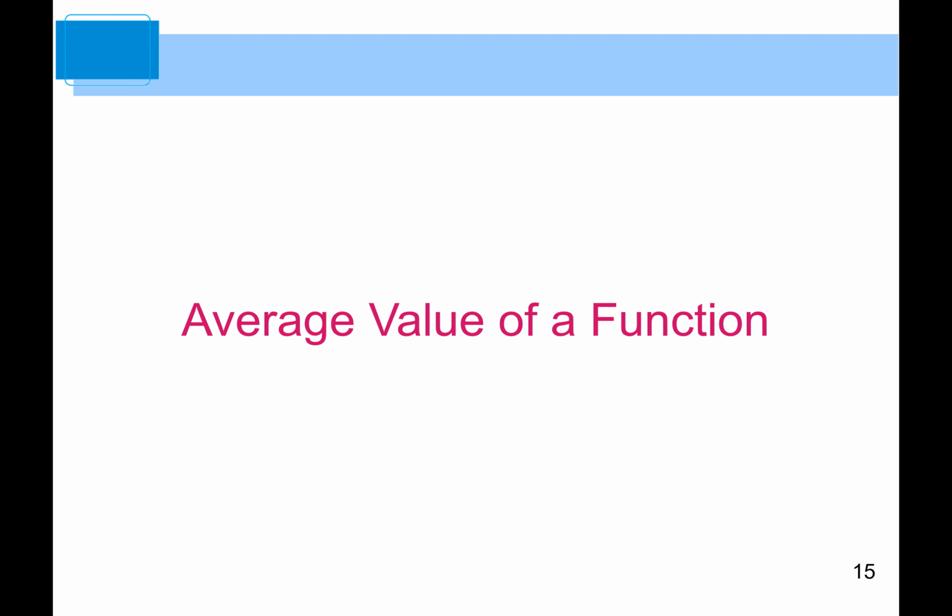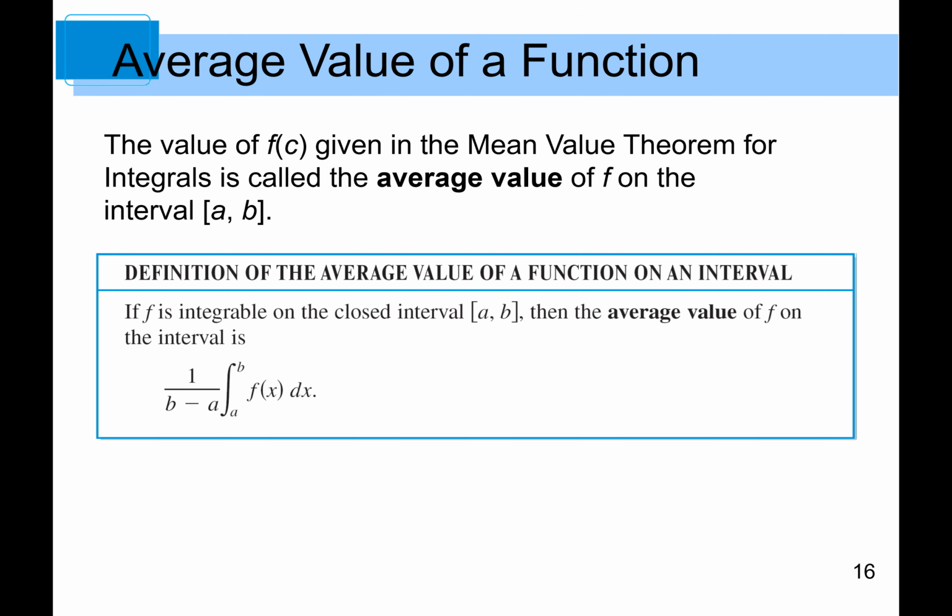And another important application is the average value of a function. It's defined like this: f of c in the mean value theorem for integrals is called the average value of f of x on a closed interval a comma b.